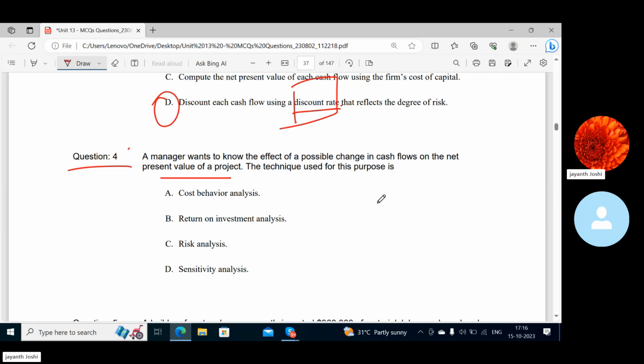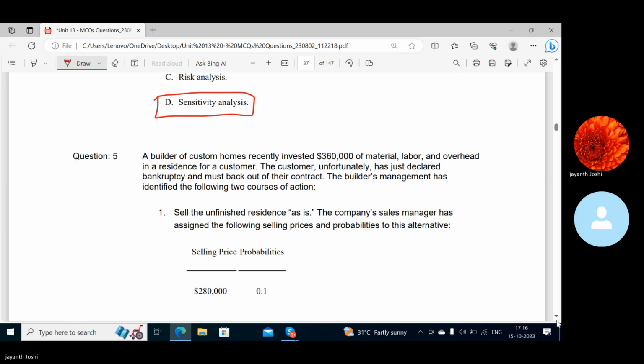Your project's NPV can get affected because of various factors. Sensitivity analysis, just now discussed, right? Change in cash flow, sensitivity. Right, next, fifth question.